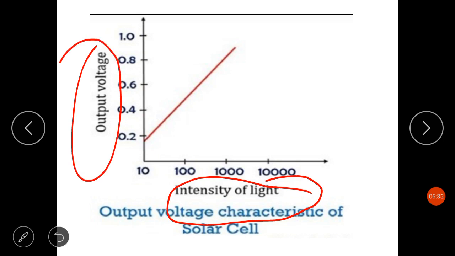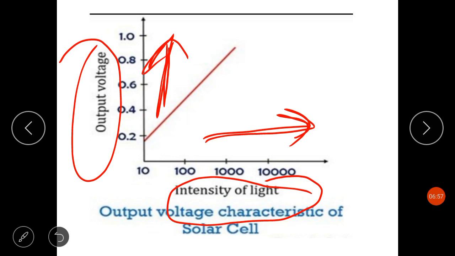As can be seen, with the increase in the intensity of light there is an increase in the output voltage produced. The reason behind it I have already discussed in the working principle of the photovoltaic cell. So with the increase in intensity of light, voltage will increase.